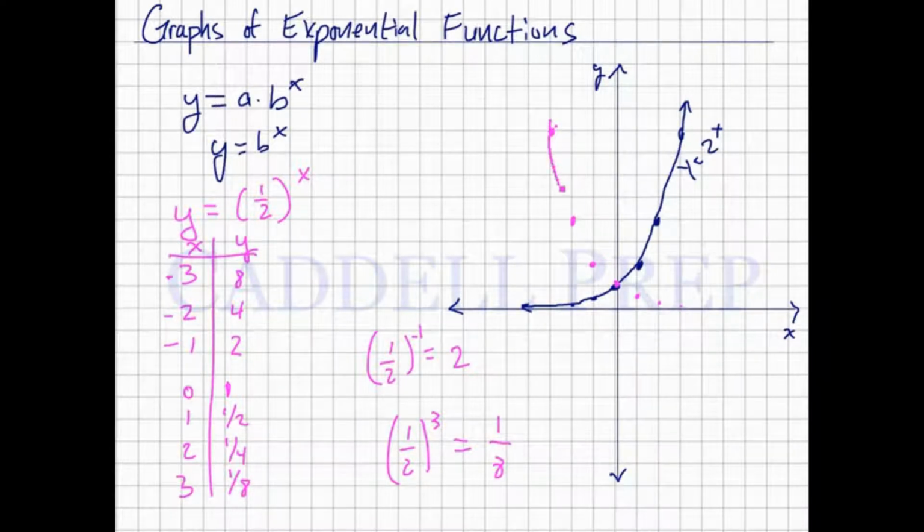So when we graph this and compare it to y equals 2 to the x, you see that it's actually reflected over the y-axis. So if we take y equals 2 to the x, which is this one, and instead of using 2, use the reciprocal, 1/2, we get a reflection over the y-axis.